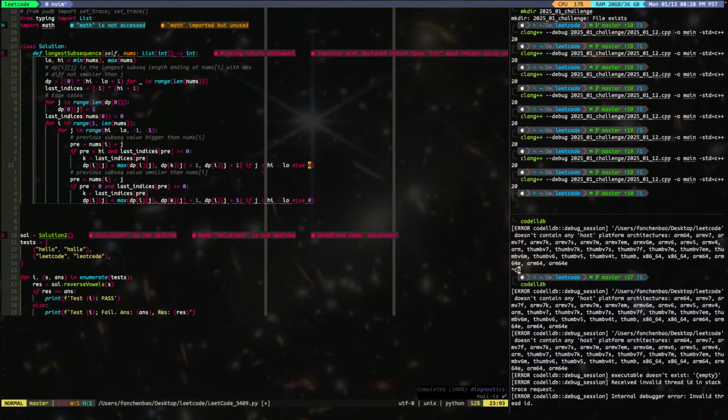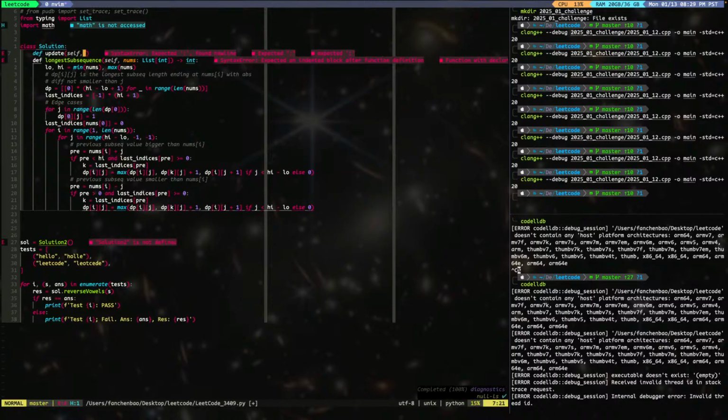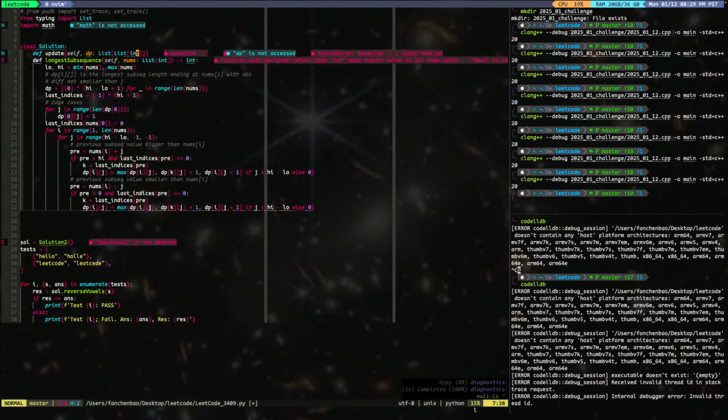So these two are exactly the same. Maybe I want to write a function for it. All that's different is the pre. Def update. So we just need a dp, which is a list of int.